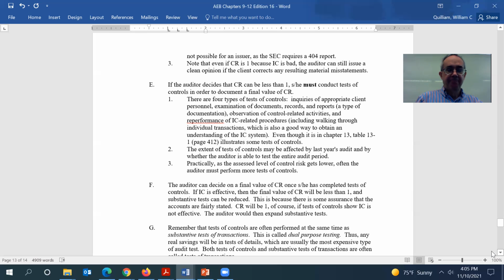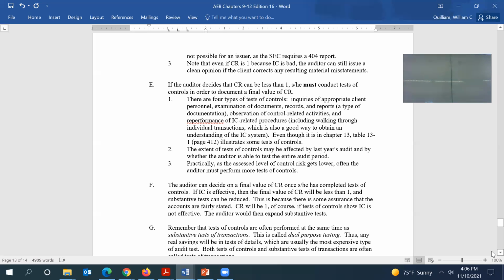Well, now in E, second scenario here. If the auditor decides the control risk can be less than 1, less than that maximum default value of 100%, he or she must conduct test controls in order to document a final value of control risk.